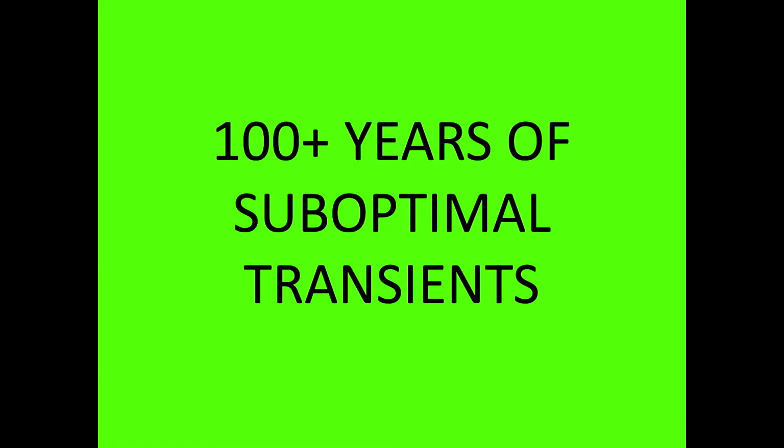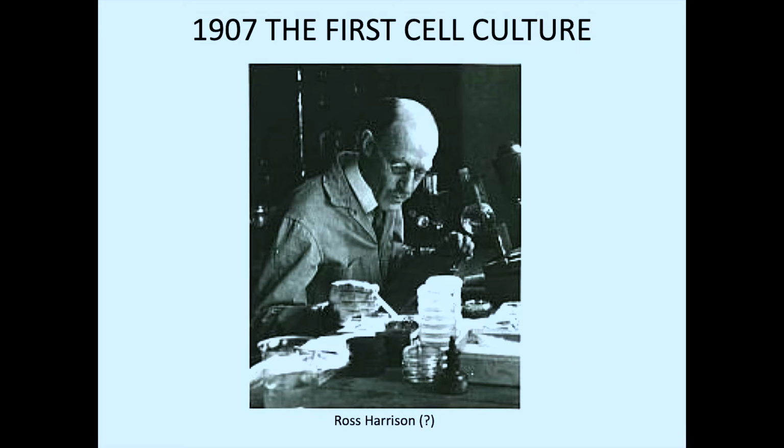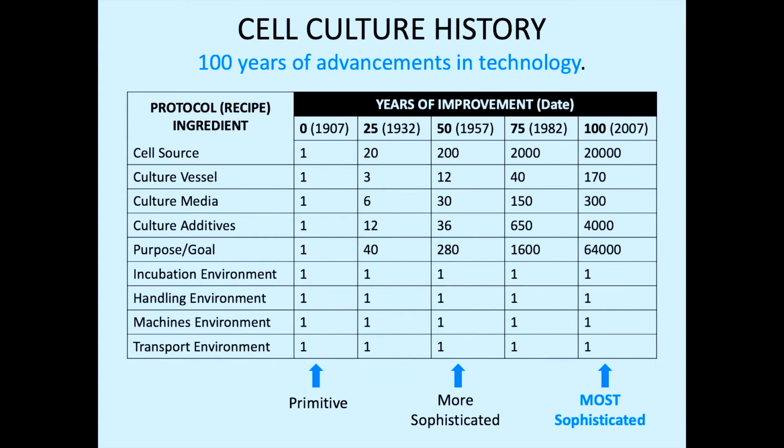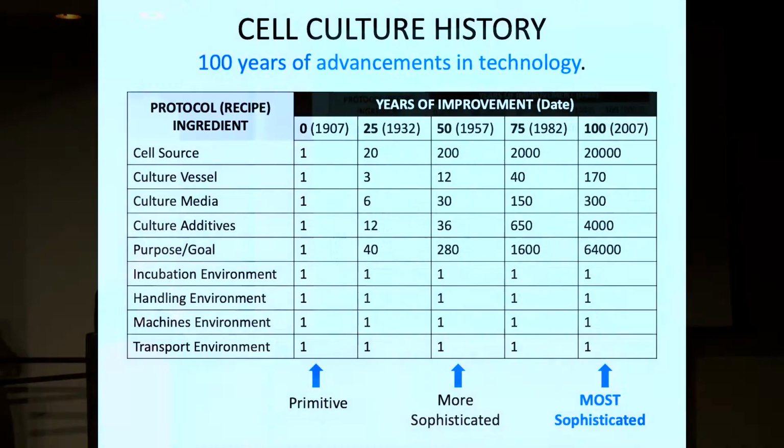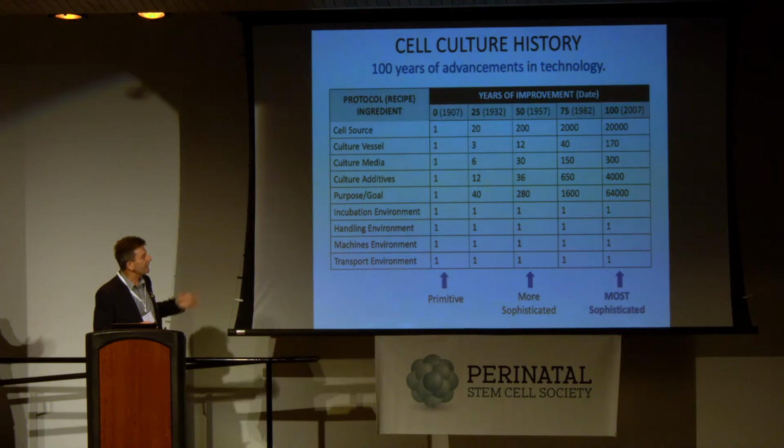And basically, we've been dealing with these suboptimal transients for 100 years. It's over 100 years, if this information is correct, since cells were first put into the dish successfully. And this represents the relentless march of this industry, the relentless march of technology, and it shows how many different aspects of propagating and growing cells in the dish or outside the body have improved. There are many different culture vessels.